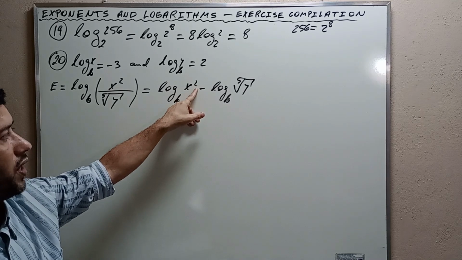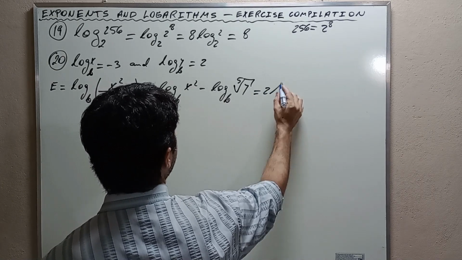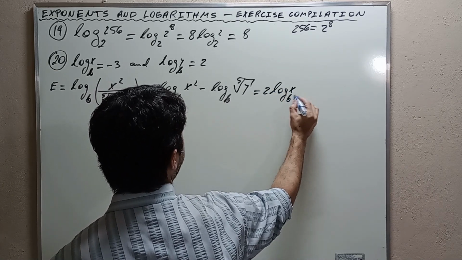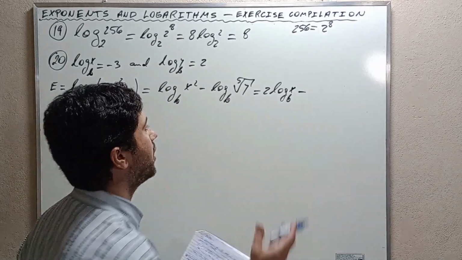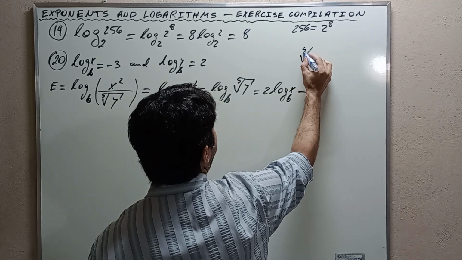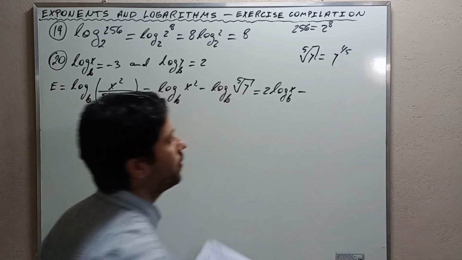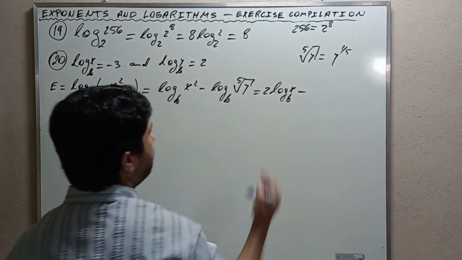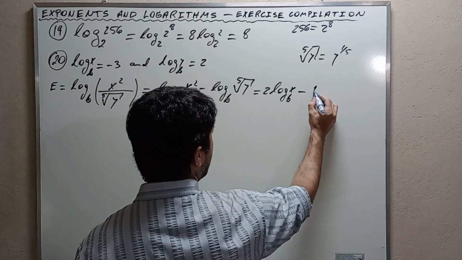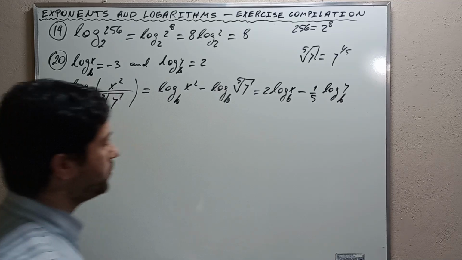And knowing that we can pass this power multiplying, we find that it is equal to 2 times the logarithm of x base b minus, we can convert this, okay? Observe that the 5th root of y is equal to y raised to the power of a 5th. And passing the power multiplying, we find that it is 1/5 of the logarithm of y base b, okay?